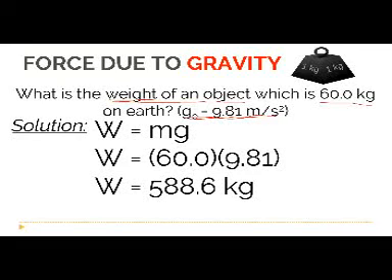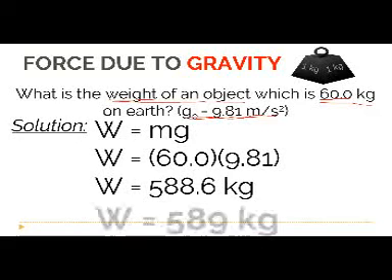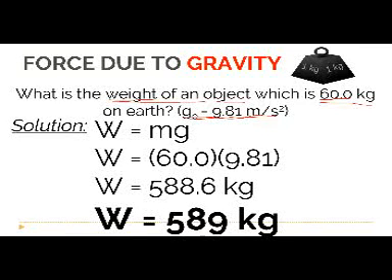Since the least number of significant figures is 3, we round this to 3 significant figures, which is 589 kilogram. So the weight of an object with a mass of 60 kilogram on Earth is 589 kilogram.